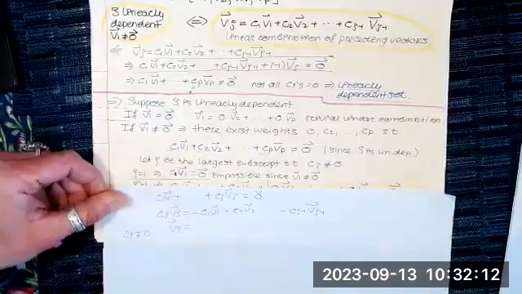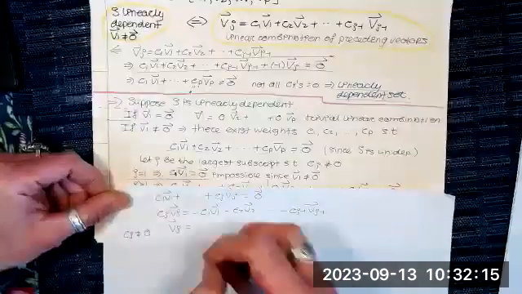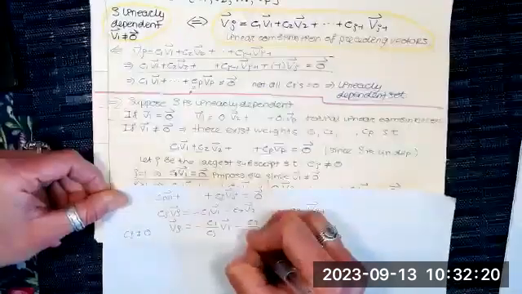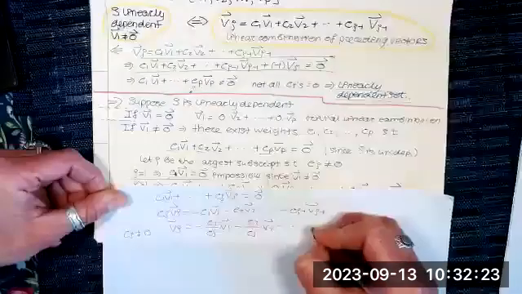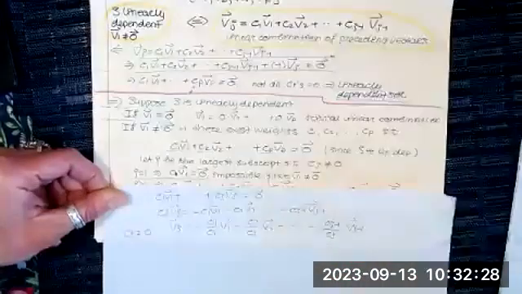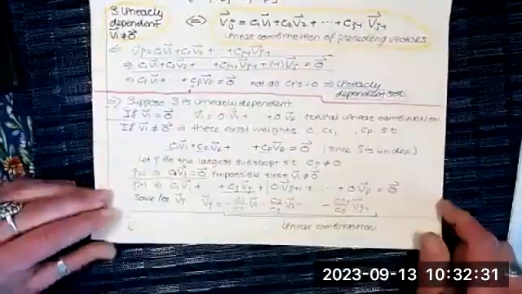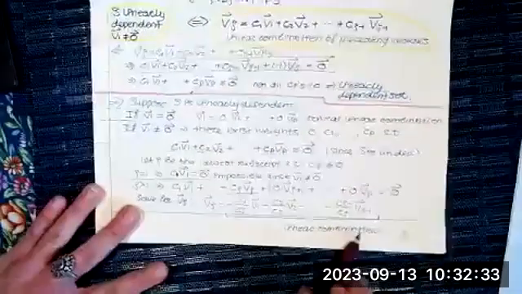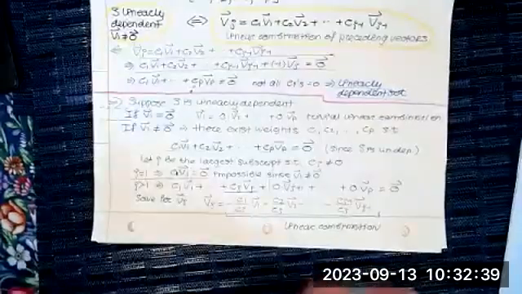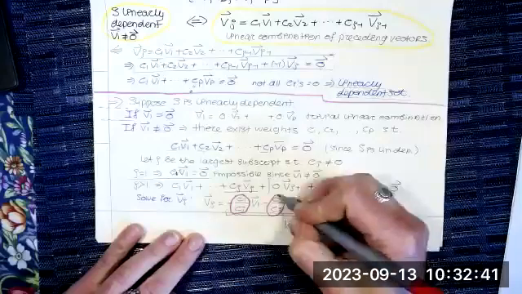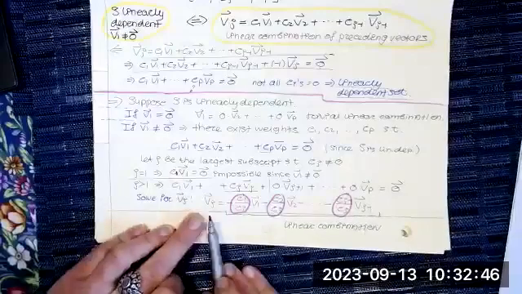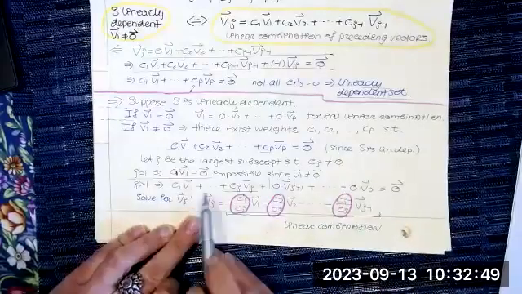So Vj is minus C1 over Cj times V1, minus C2 over Cj times V2, and so on, minus Cj-1 over Cj times Vj-1. But what we have here is exactly the form of a linear combination: my vector Vj is some constant times V1, some constant times V2, up to some constant times Vj-1. So Vj is some linear combination of the preceding vectors.